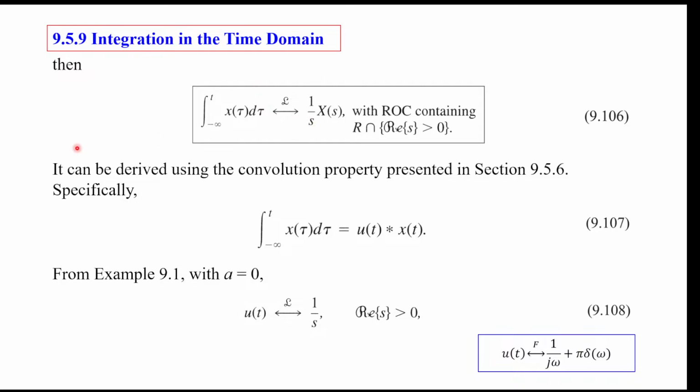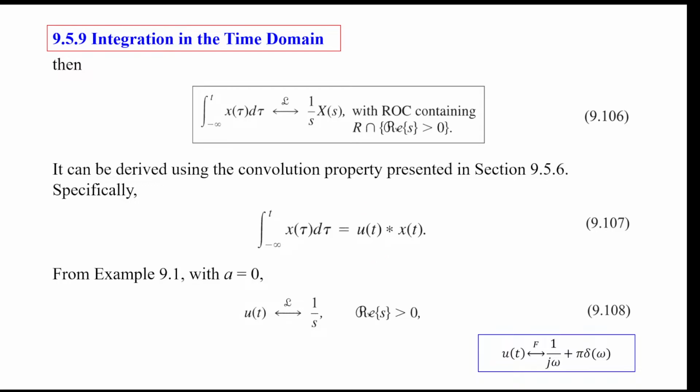And here we do a derivation. So the derivation is a bit similar to how we did this for Fourier transform, but here we are actually more rigorous. The derivation comes from the fact that the integration property always has a nice connection to the convolution with a unit step function.